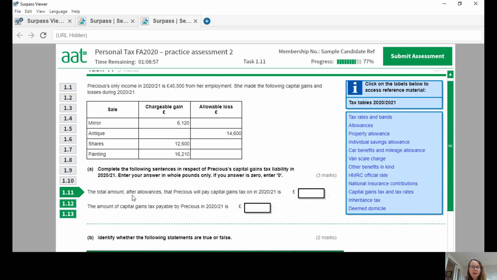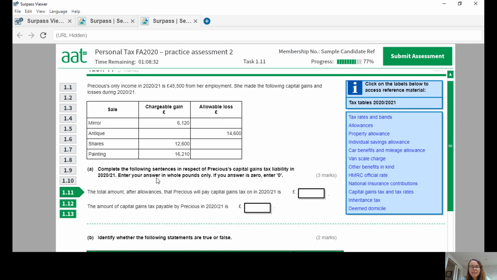So the total amount after allowances that Precious will pay capital gains tax on is, right, so they've been quite nice to us there by spelling out, don't forget the annual exempt amount, the allowance. So all I'm going to do is add up all the gains, 6,120 plus 12,600 plus 1,6210.